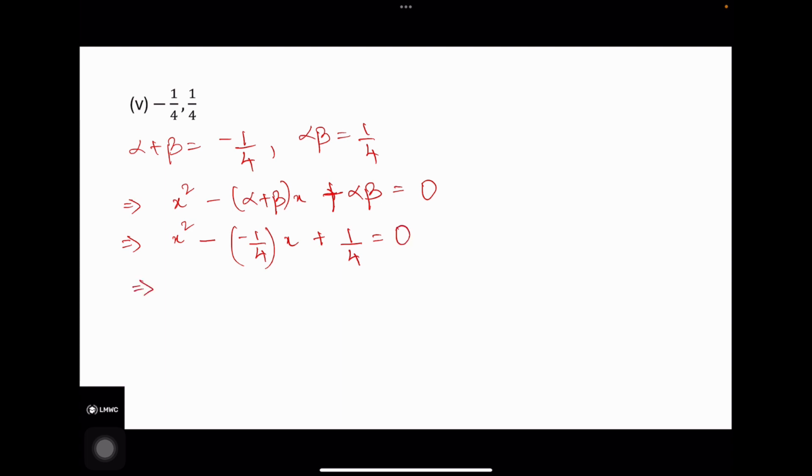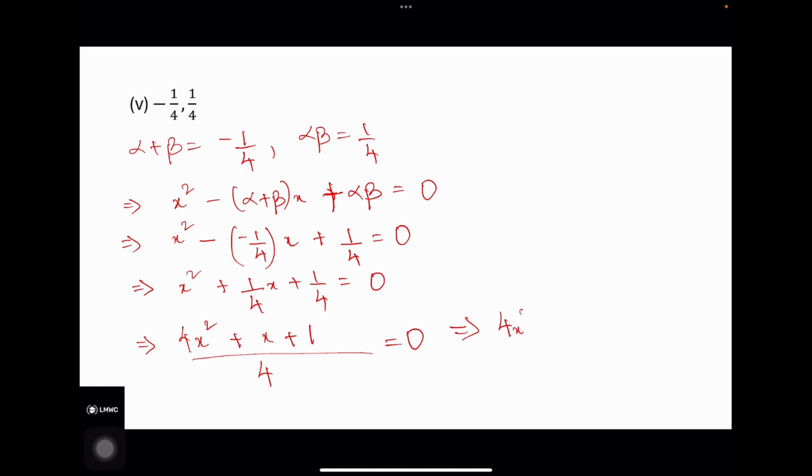We can further rewrite it as x squared, minus times minus is plus, 1 by 4 x plus 1 by 4. I have a fraction here, so I'm going to take the LCM. So it will be 4x squared plus x plus 1 equals 0.